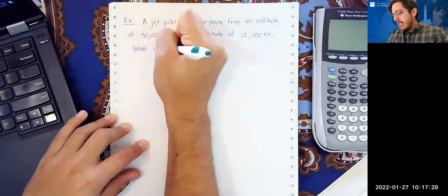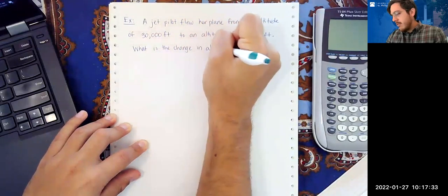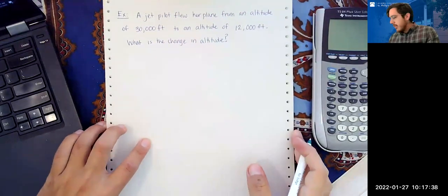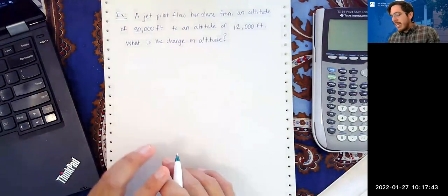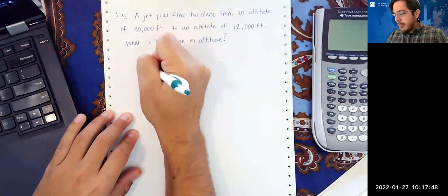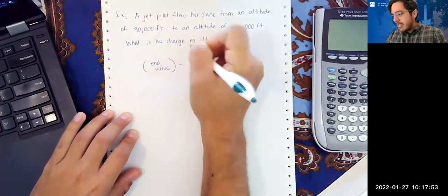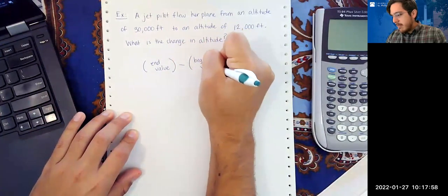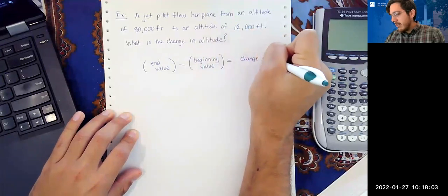What is the change in altitude? Okay, so I'll write down the formula here again just to get the idea of what we're doing here to calculate a change in a value. So remember, what we need to do is take the end value and subtract the beginning value, and that will give us the change in the value.